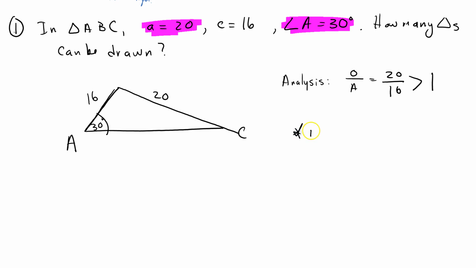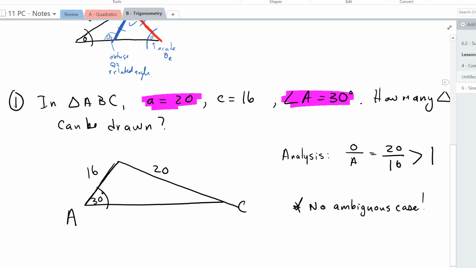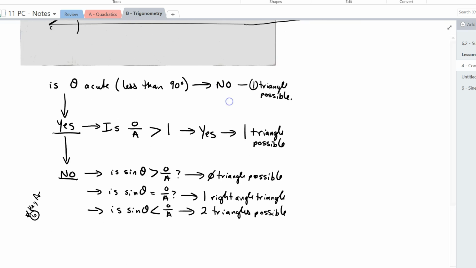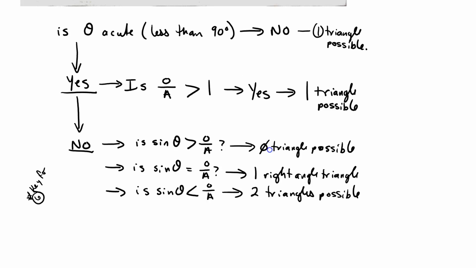So, no ambiguous case. Because if we look back at our notes here, is theta acute? Yes, it was. So we have to follow this here. Is opposite over adjacent greater than 1? Yes. So then only one triangle is possible.